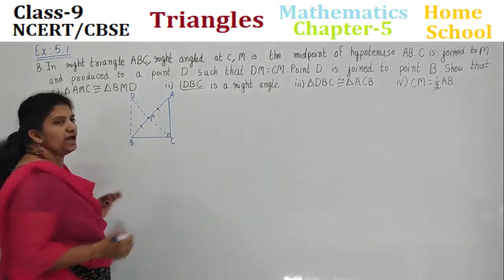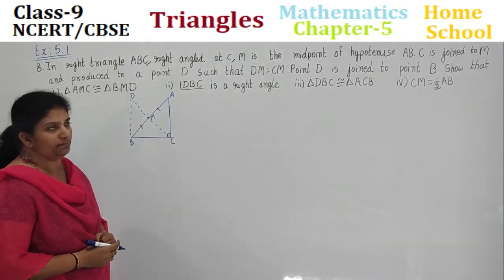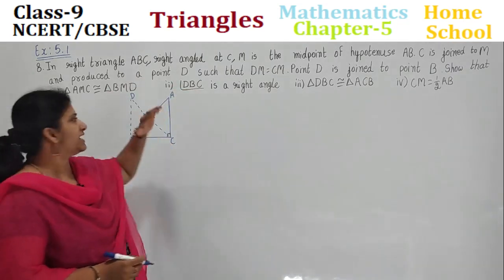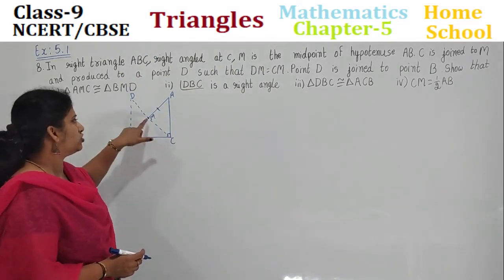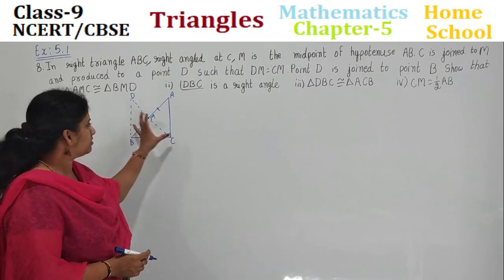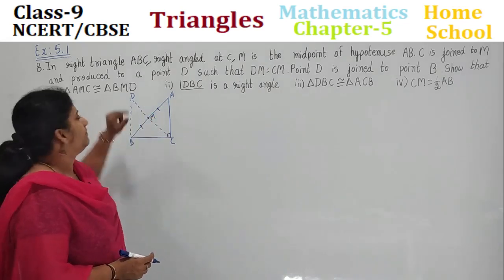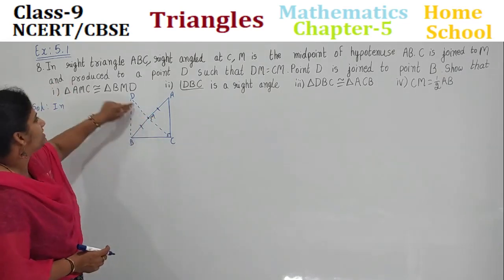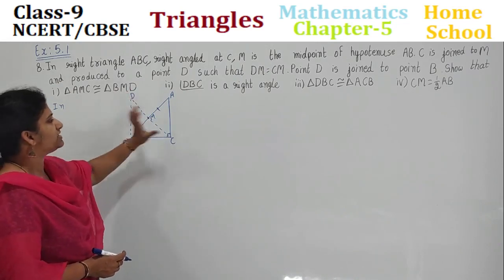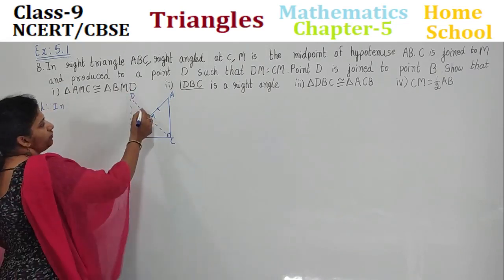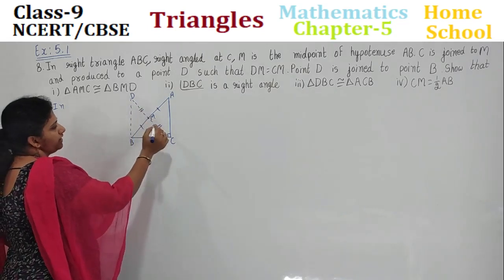Midpoint means immediately I can say BM is equal to AM. C is joined to M. So, join C and M and produce this to a point D such that DM is equal to CM.